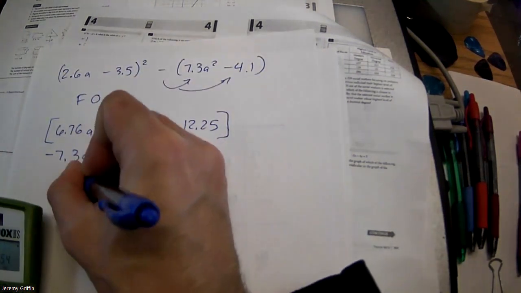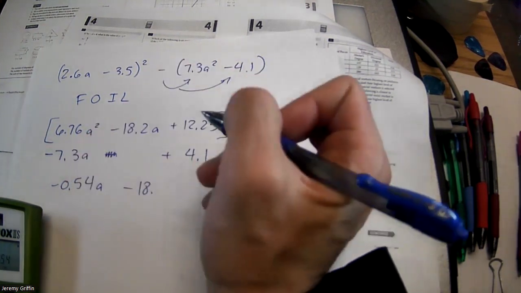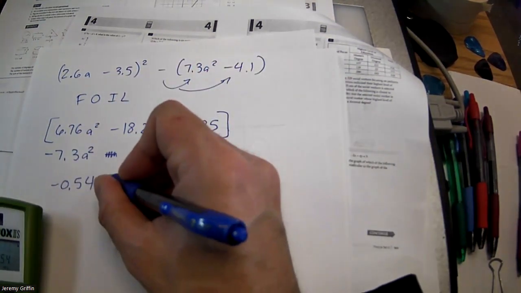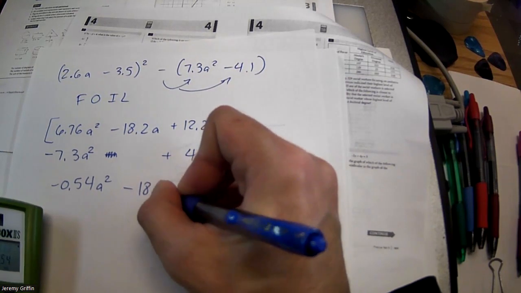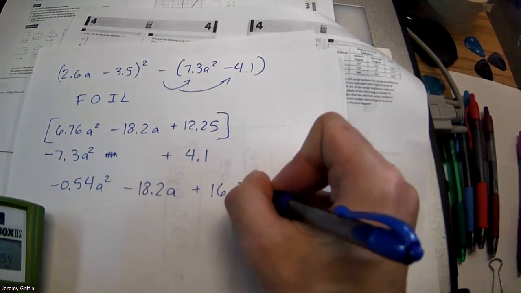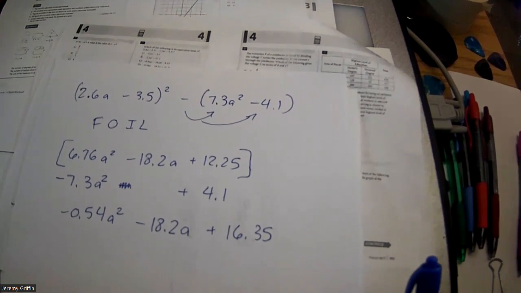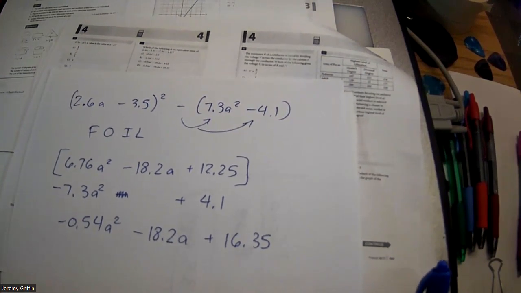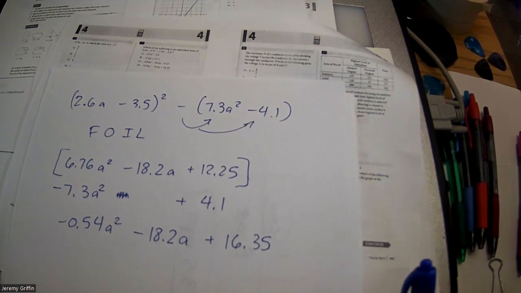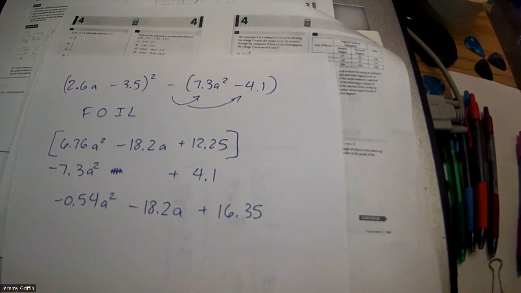Look at that, negative 0.54 a squared, then minus 18.2a, plus, what is that? 16.35, I think. Okay. I hope there's an answer choice that says that. Let's find out. Is that option D? Yep, 7 is D. You guys got D for number 7? Let's pause that right there. So hit pause point and we'll do more of this tomorrow.